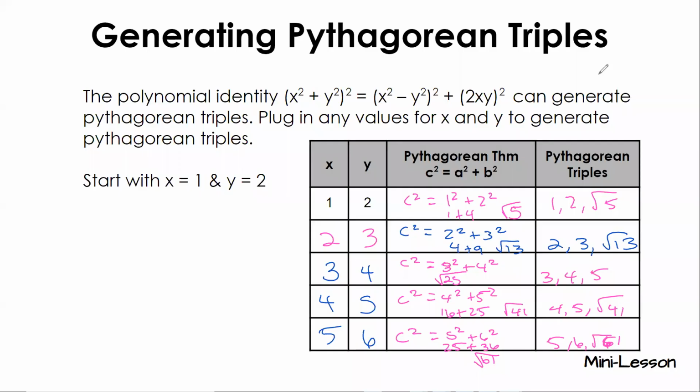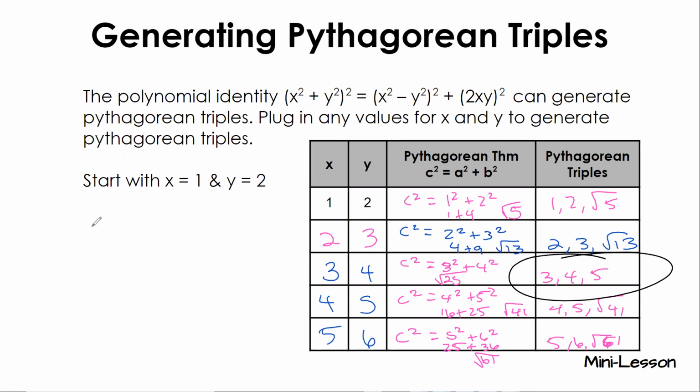Okay, so let's talk. Ready? The only one that we get a whole number for is this 3, 4, 5. So your Pythagorean triples are actually going to be 3, 4, 5.